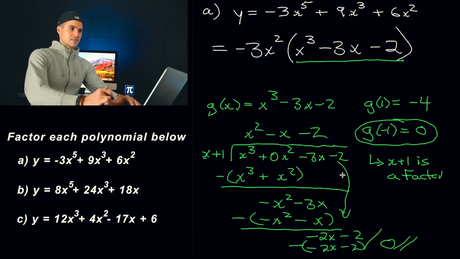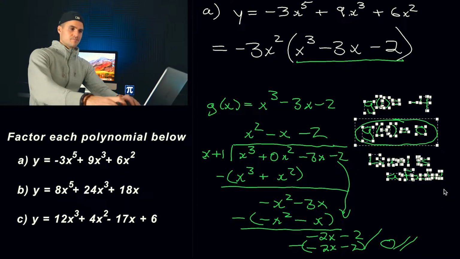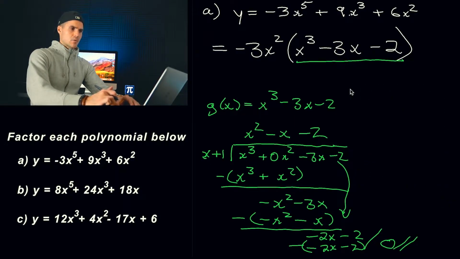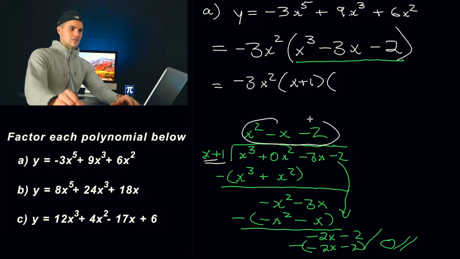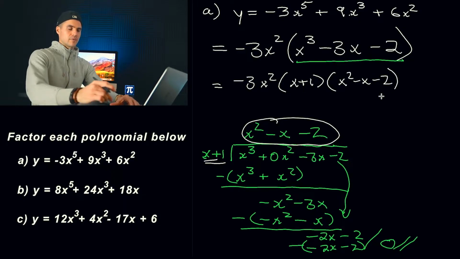And so basically, what's happened, so let's erase a bunch of stuff here, is we took this polynomial, which we called g of x, and we've been able to factor it into x plus 1 and this quotient here, x squared minus x minus 2, like that.